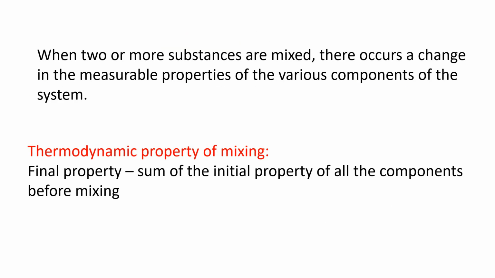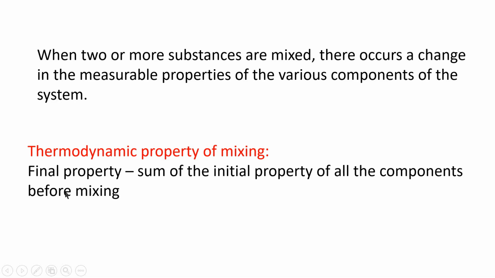See, when two or more substances are mixed, then there occurs a change in the measurable properties of various components of the system. Okay, and then what is thermodynamic property of mixing?